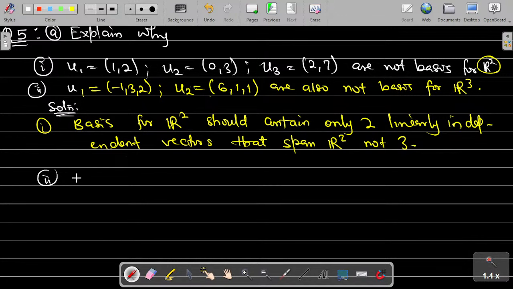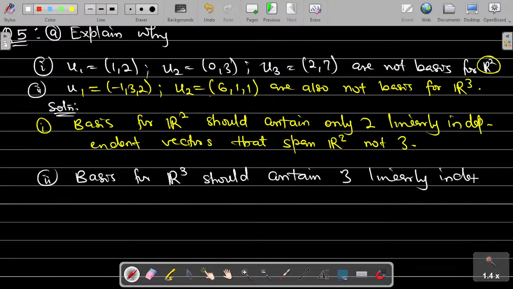And the same thing applies to number 2. The basis for R3 should also contain only 3 vectors, should contain 3 linearly independent vectors that span R3.